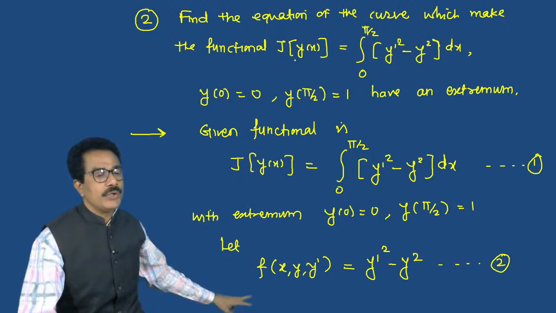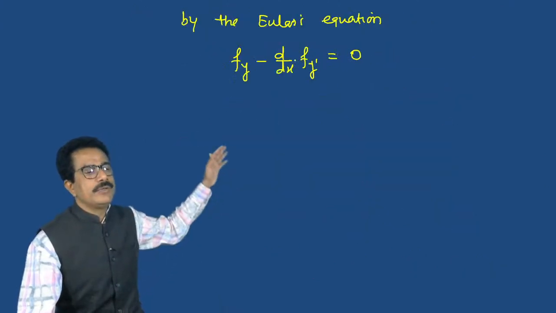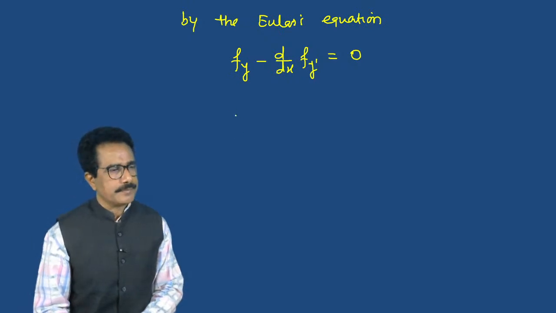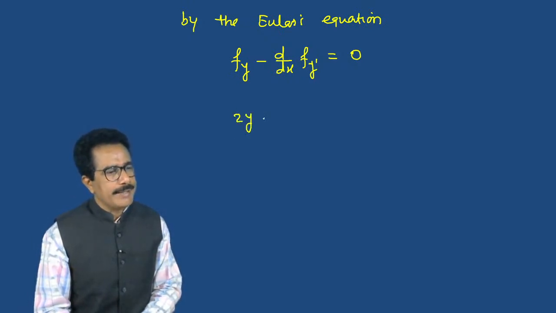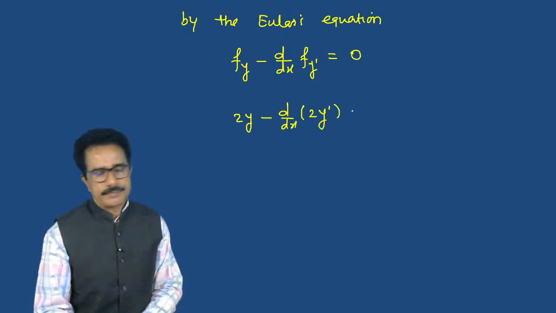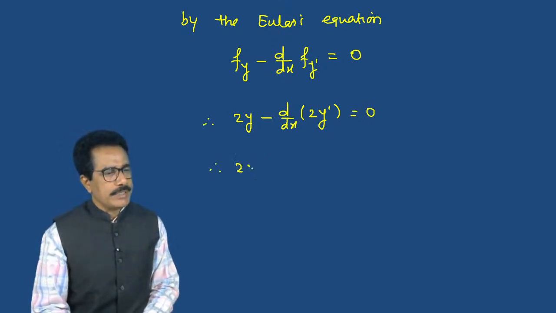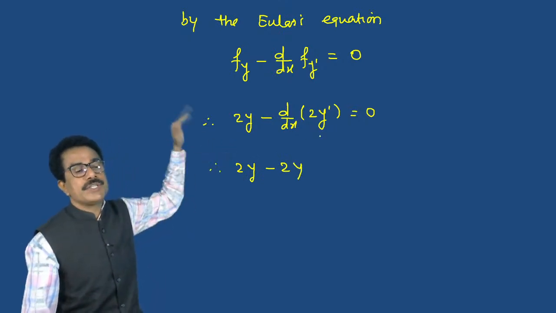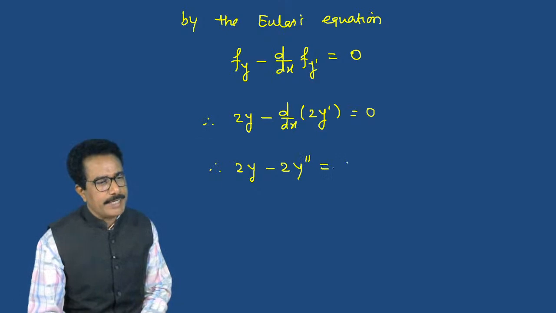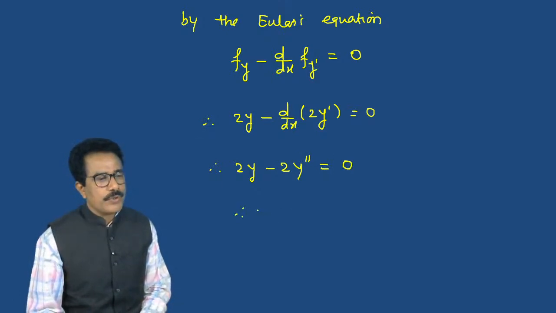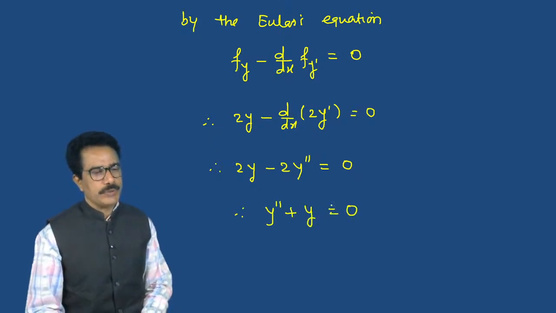Then fy means minus 2y minus d by dx of 2y dash, which is equal to 0. So we can write minus 2y minus 2y double dash is equal to 0, which is y double dash plus y equal to 0.